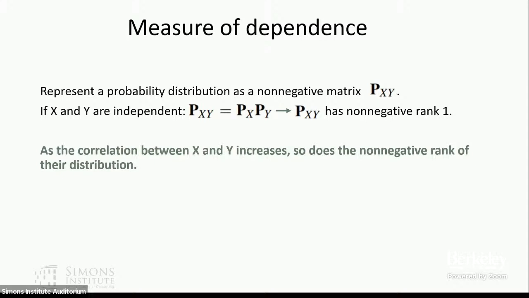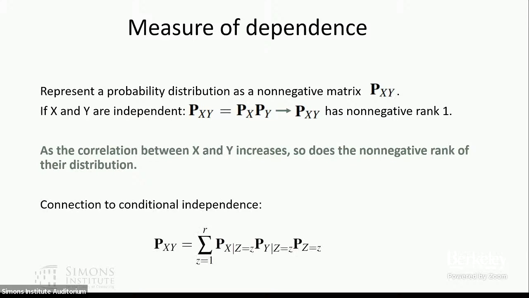And maybe it sounds familiar with respect to something else that we can treat as a measure of dependence, and it has to do with conditional independence. If we have X and Y and they are conditionally independent given some Z, then you can write down the following equation. If X and Y are actually independent and we do not need Z to make them conditionally independent, R is just equal to 1, and we'll just have this term here.